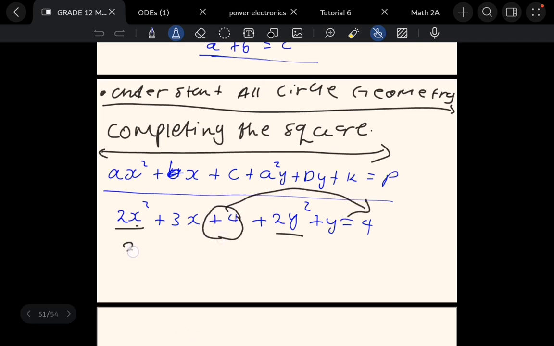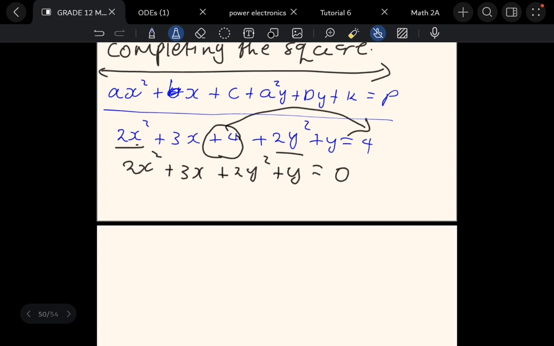So 2x squared plus 3x plus 2y squared plus y is equal to what? 0. So the constants are gone. What you want to do is divide everything by 2. When you divide everything by 2, you will get x squared plus 3 over 2x plus y squared plus 1 over 2y is equal to what? 0.